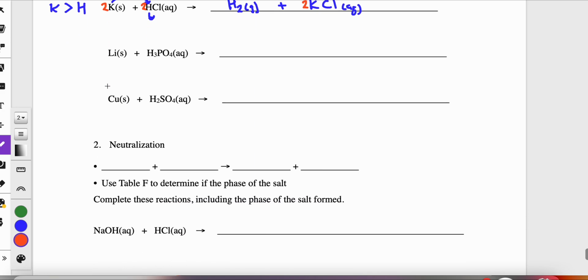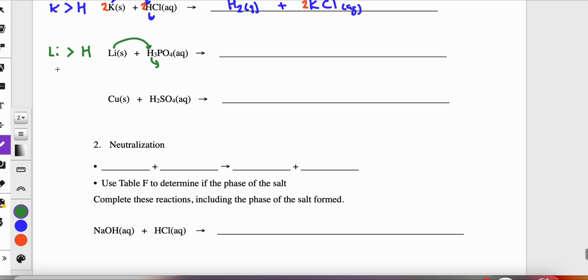Next example. In this next example, lithium, the free metal, wants to come and kick hydrogen out of the acid. So when we go to the table, we have to compare where Li is in comparison to hydrogen. Well, lithium is above hydrogen in the list, so it's more active.